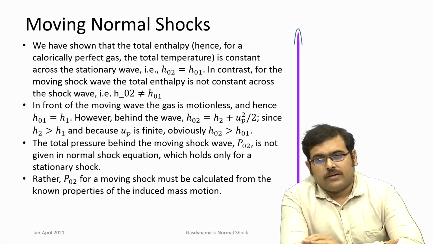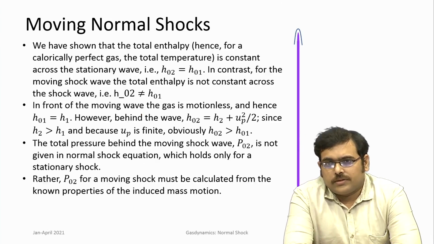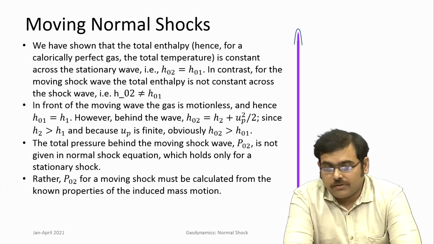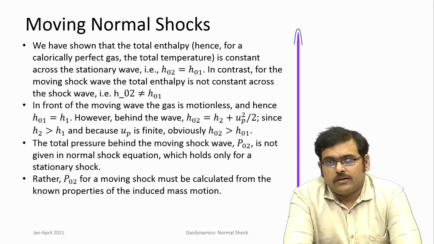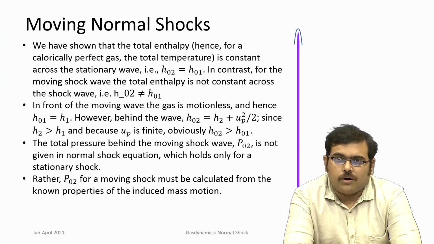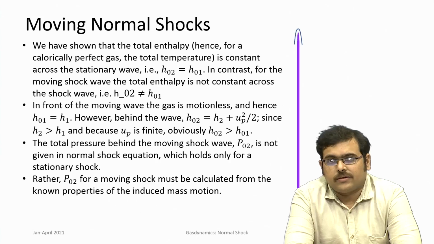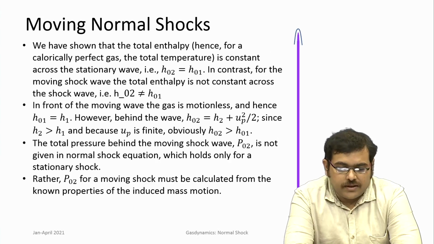Now, whatever we have discussed till now was on pressure ratios, temperature ratios across the shock wave of a moving shock, and to analyze this, the simple technique was to jump onto the shock wave, a moving shock wave, and write the equations relative to the shock wave, and that renders the shock stationary, and you get all the relations for various quantities.